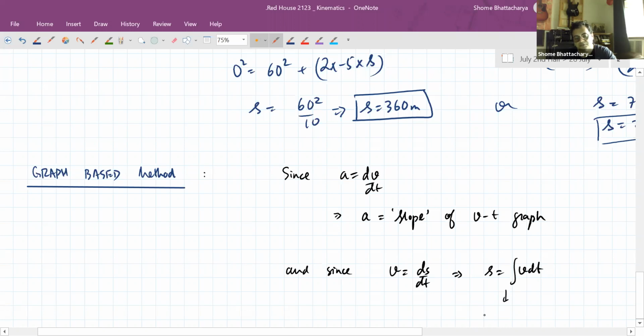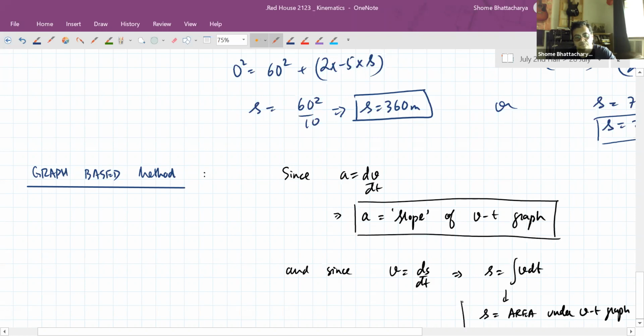Okay, so that means displacement is the area under the vt graph. So you can make use of this information and solve it completely without using any formula, just by using this concept.